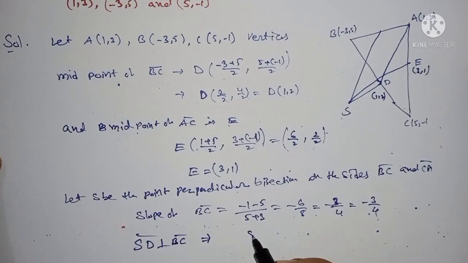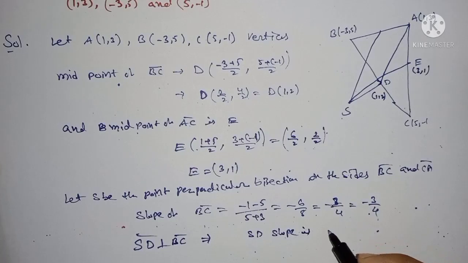Therefore the SD slope is 4/3. This is perpendicular, therefore the SD slope is 4/3.